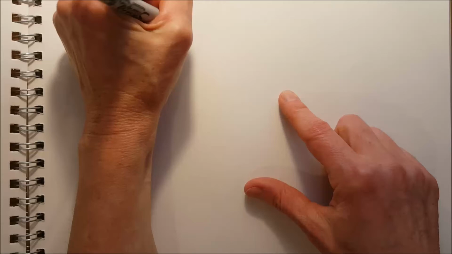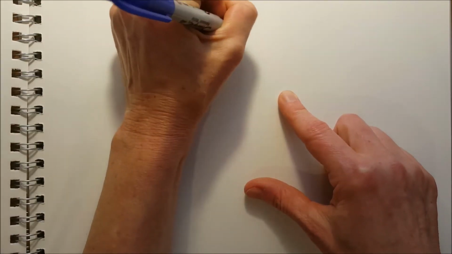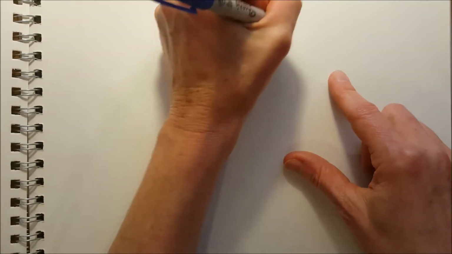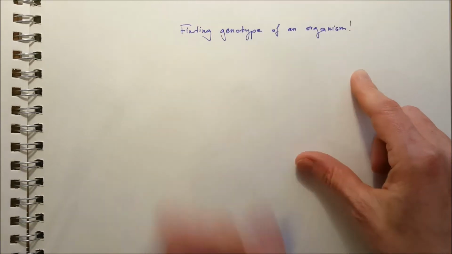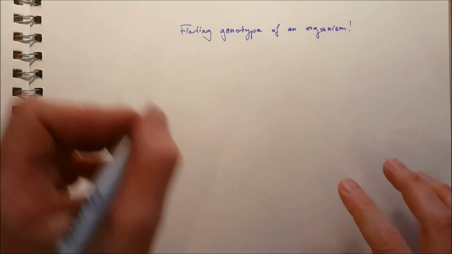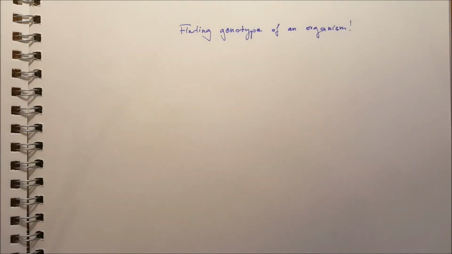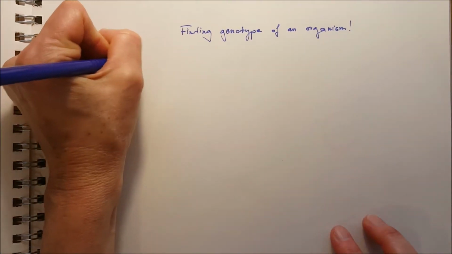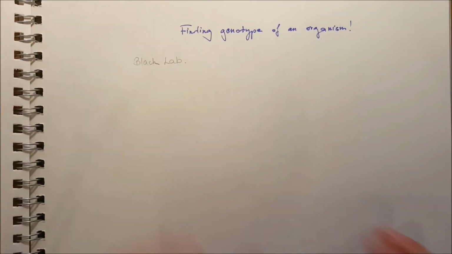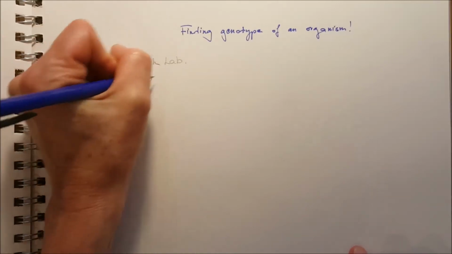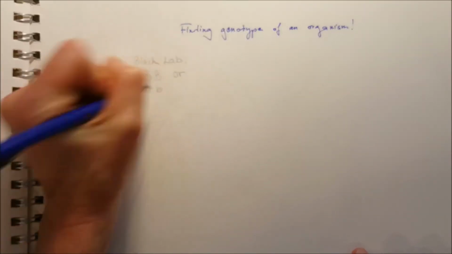Another topic that goes with this section 2: how can we find the genotype of an organism? Sometimes, for the homozygous recessive, we know the genotype. But how can we distinguish between homozygous dominant or heterozygous organisms?